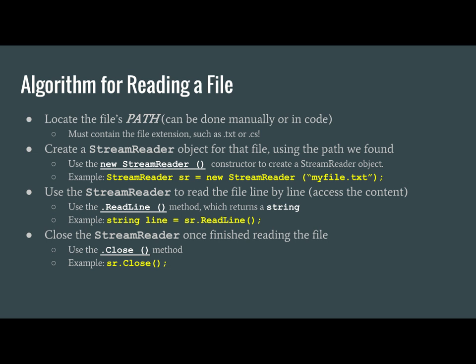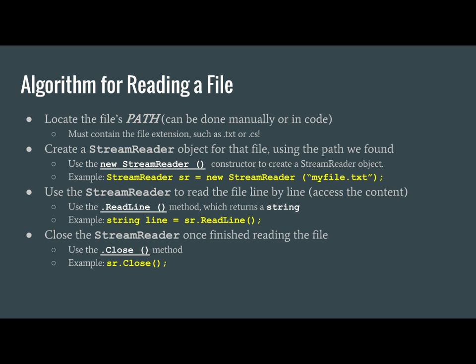For instance, if I have a file named myfile.txt, in order to read it or load it from disk to memory, I will need to declare a StreamReader, and in this case I gave it the name sr, and use this constructor new StreamReader, and put the file name here, and this will allow me to load this file from disk to memory.